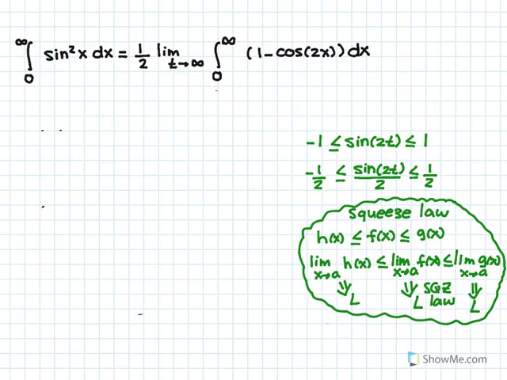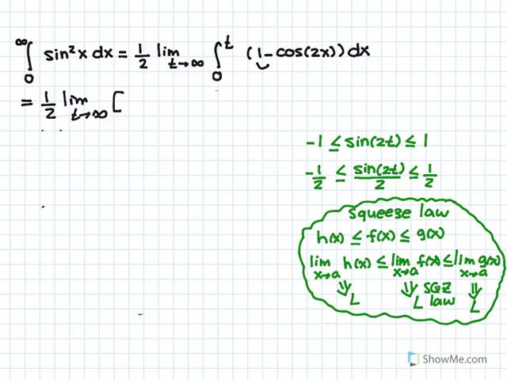All right, so what we have is the integral from 0 to infinity of sine squared x dx is equal to 1 half times the limit as t goes to infinity of the integral from 0 to t, let's fix that, the upper limit is t, of 1 minus cosine 2x dx. So let's carry out the integration. We have 1 half times the limit as t goes to infinity. And what is the antiderivative of 1?